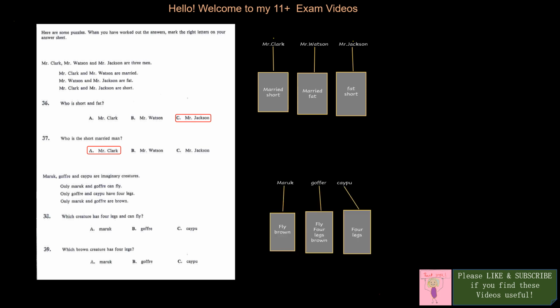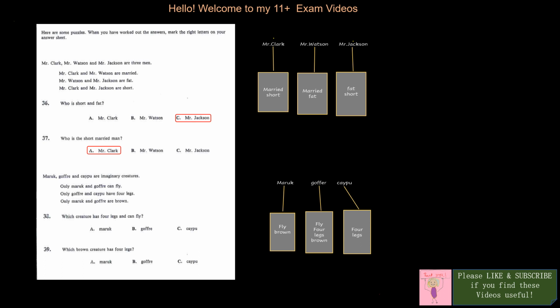Okay. We do the same thing for the next question, which is Maruk, Goffrey and Kepu are imaginary creatures. Only Maruk and Goffrey can fly. Only Goffrey and Kepu have 4 legs. Only Maruk and Goffrey are brown. So we do that again, okay? Fly, 4 legs, brown.